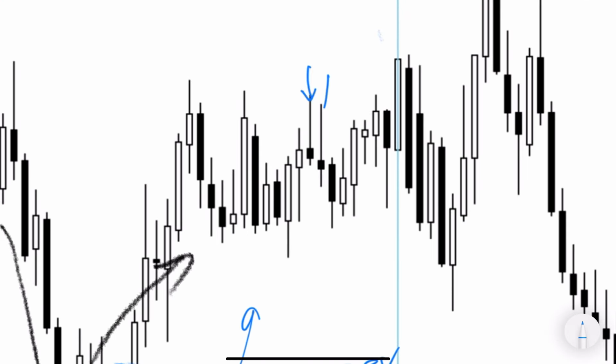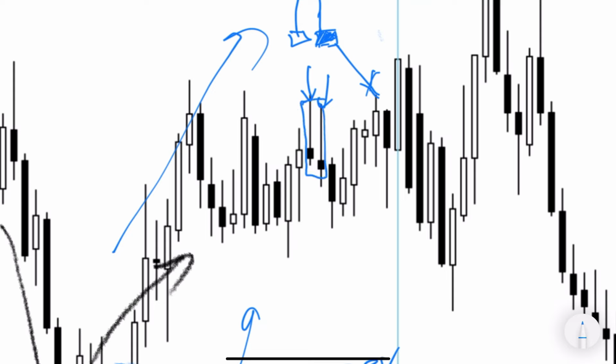Look at these two candles. A perfect tweezer top should look like this. The first one has to be bullish as part of the previous uptrend. So let's say this was the uptrend. And then the second one has to be bearish as the signal of bears taking charge, and it should send the price to the downside. So this is how tweezer tops or bottoms appear. But we can consider this as some sort of tweezer top.